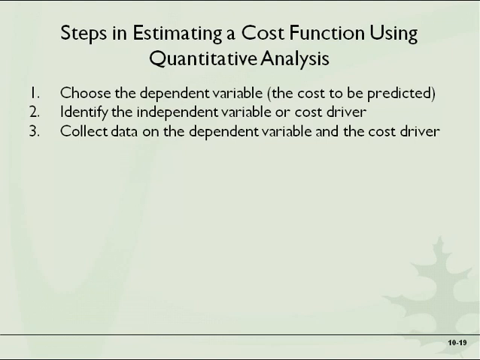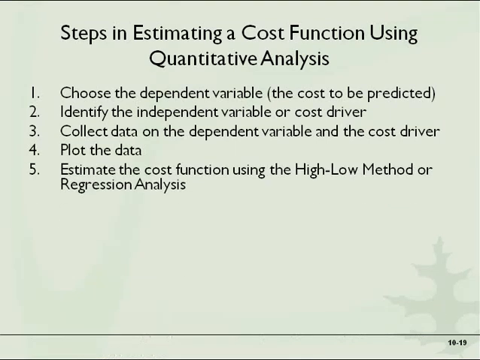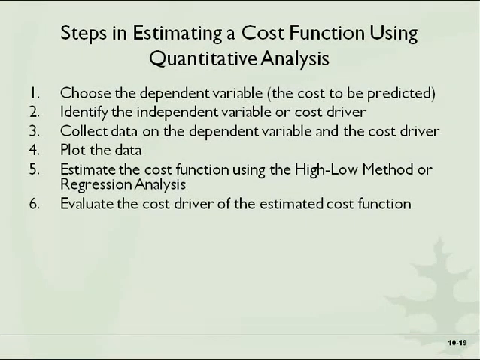Then we can collect data on the dependent variable and the independent variable or the cost driver. We can plot the data and estimate a cost function using a variety of methods, and this slide represents two of those methods. You could use the high-low method or regression analysis. Once we do that, we evaluate the cost driver of the estimated cost function.